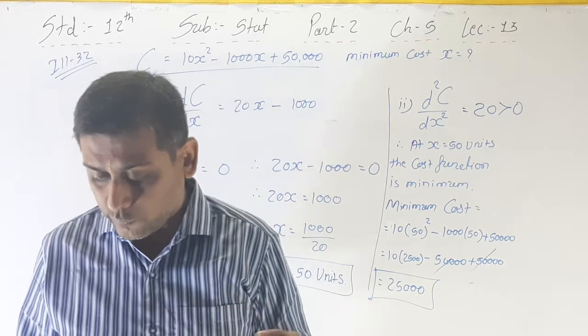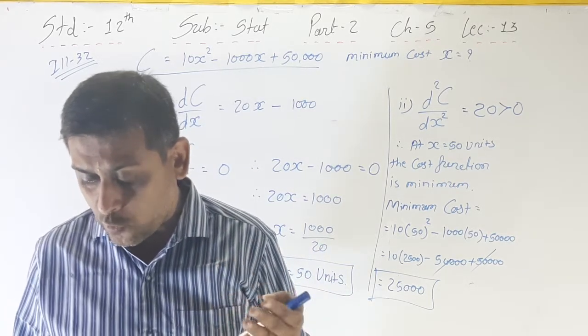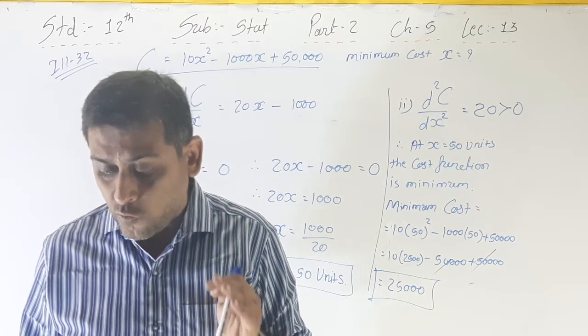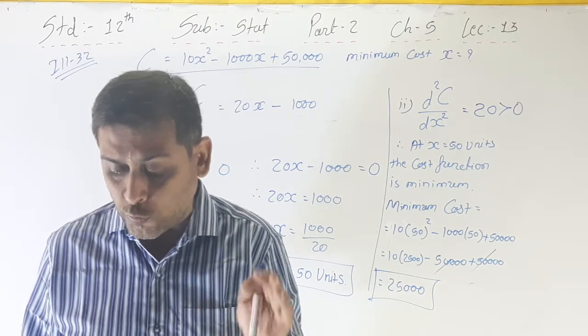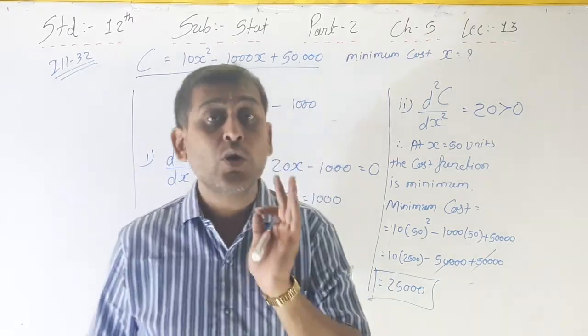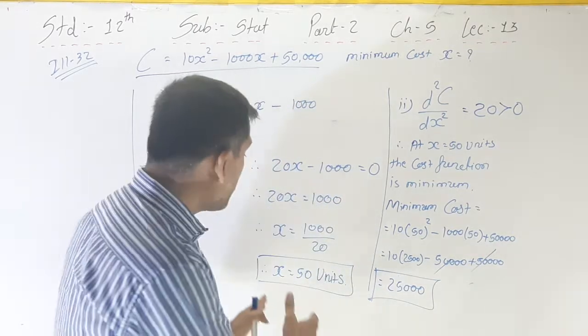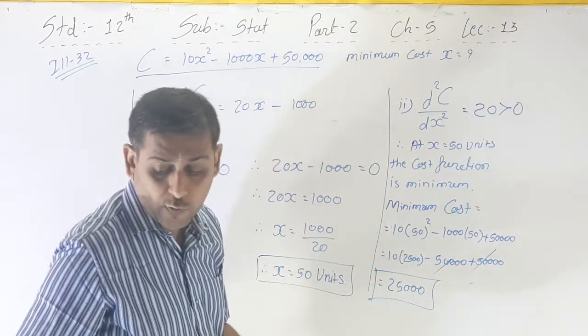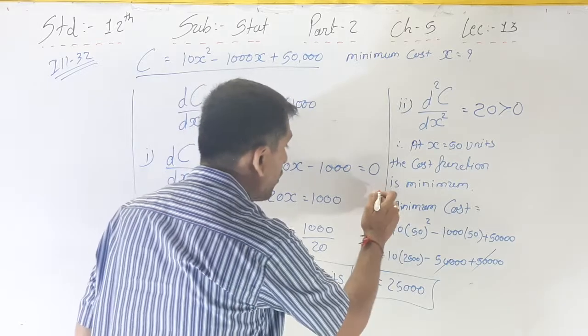Okay, so we don't have to find the minimum production cost. We have to just find how many units should be produced for minimum production cost, that is x, not this. This portion we don't have to find in this question.